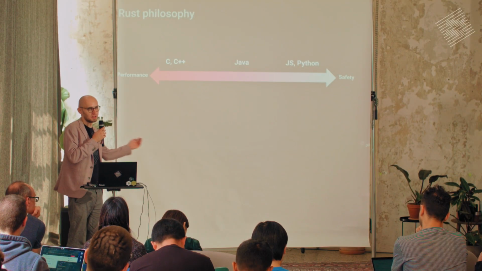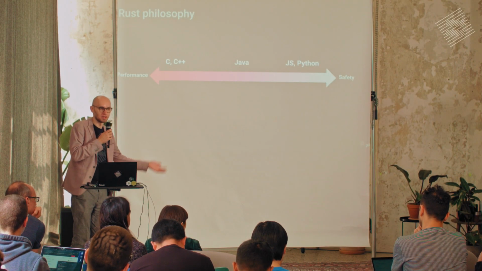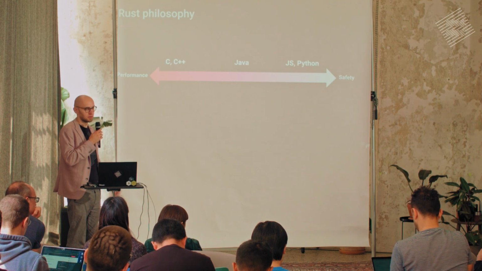You can shoot yourself in the foot in C++ many times over. In a language like JavaScript, you can shoot yourself in the foot obviously, but you cannot do segfaults, right? The memory safety is guaranteed for you by the garbage collector. Same in Java, same in Python.